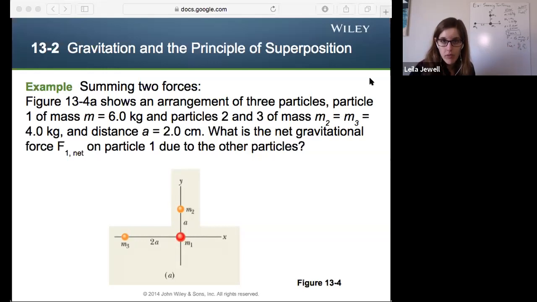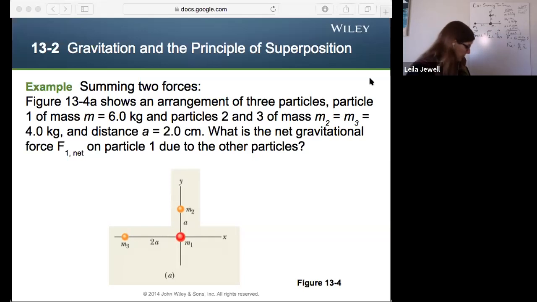Here it will just be 2 and 3. So for this particular case, F net on 1 vector is just going to be equal to the force that 1 feels from particle 2 vector plus the force that 1 feels from particle 3 vector.